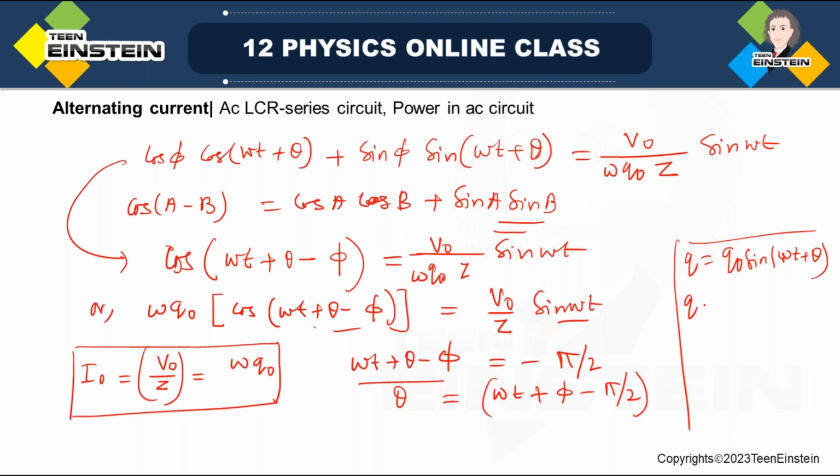So here I can write q is equal to Q0 sine of omega t plus theta. Actually this will be minus.